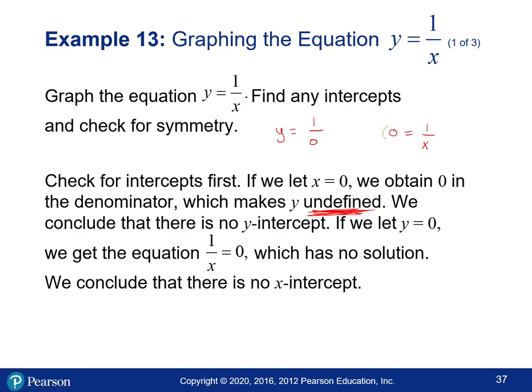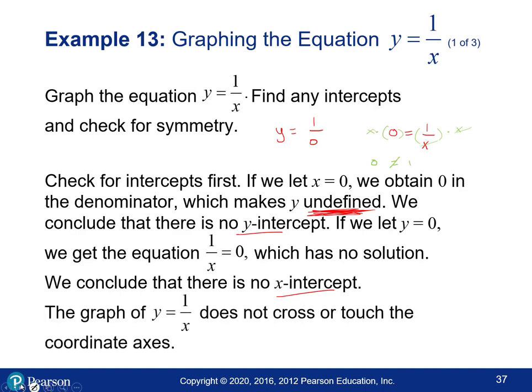If I try to solve this equation for x by multiplying both sides by x, on the left, the x's divide out, on the right, excuse me, the x goes to 0, because 0 times x. And this is never true. 0 is never 1. So in both cases, there are no intercepts. We tried to find them, there were none. So no x-intercept, no y-intercept, and you'll see why when we graph it. It doesn't cross or touch any of the axes.